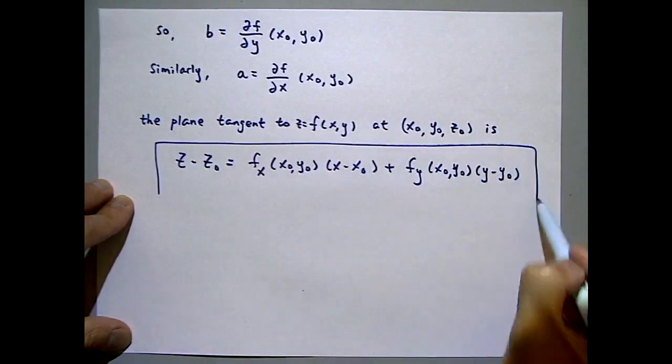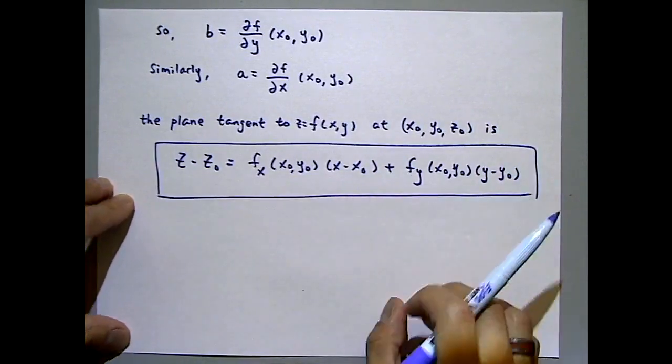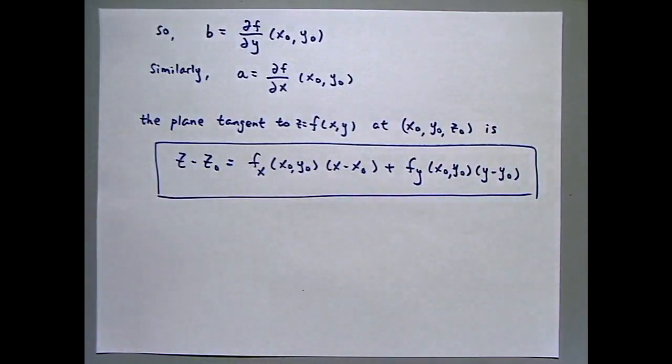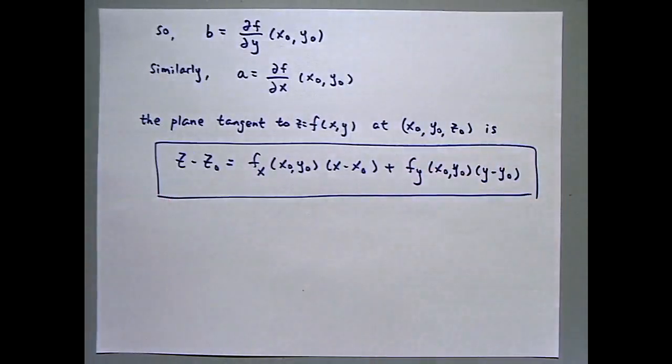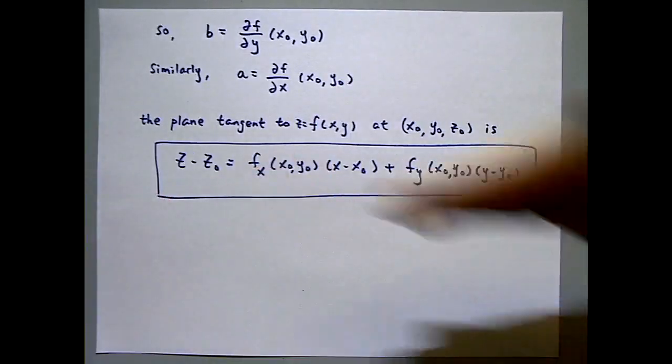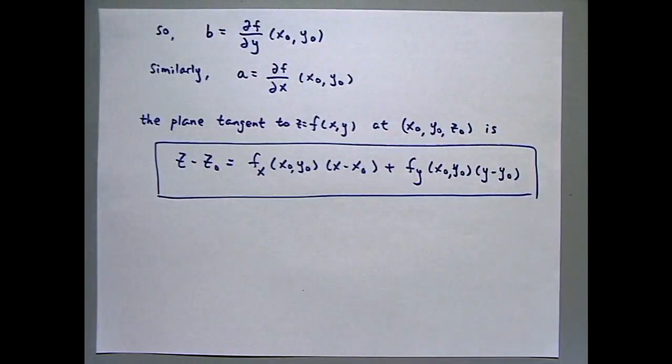This equation gives us the tangent plane equation. So these partials coming here make sense. If you throw one of these away, that's the slope of a line. If you throw this away, that's the slope of z with respect to y. Together here, this plane contains all the possible tangent lines, but the equation is found by using the two partial derivatives. And this extends to a higher number of variables too.